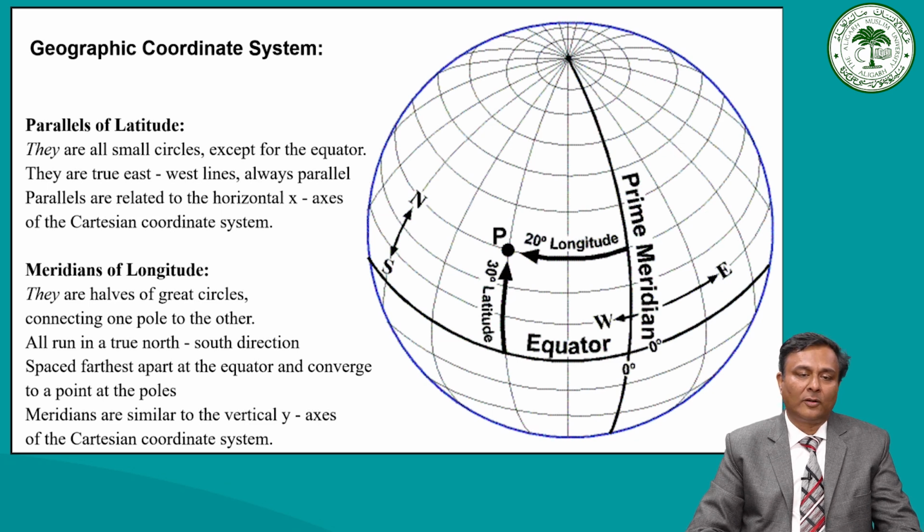Whereas meridians, or longitudes, are halves of a great circle connecting one pole to the other, all run in a true north-south direction, spaced farthest apart at the equator and converging to a point at the poles. Meridians are similar to the vertical y-axis of the Cartesian coordinate system.